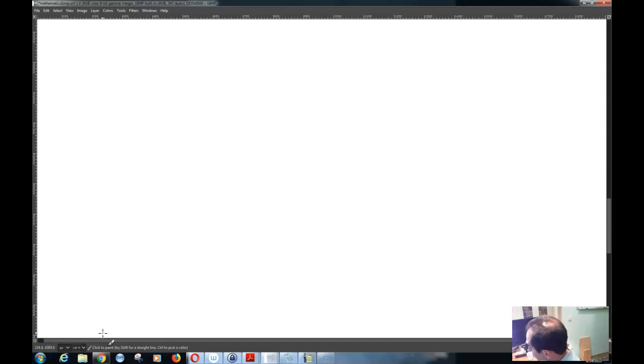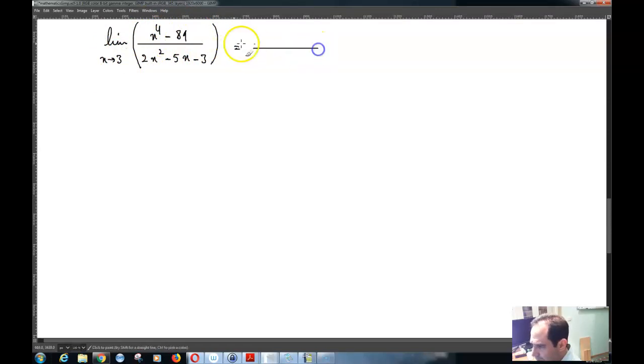Okay, so the next question that we have is we want to find the limit of x raised to the power 4 minus 81 over 2x squared minus 5x minus 3 as x tends to 3. So if you find the value of this rational function at this point, you would get 3 raised to the power 4 is equal to 81 minus 81, which is equal to 0.